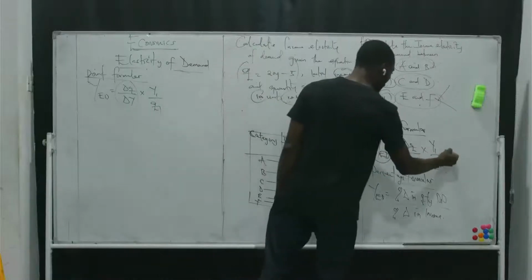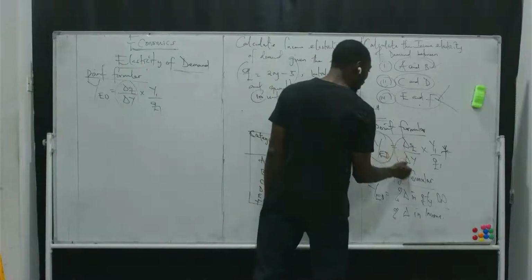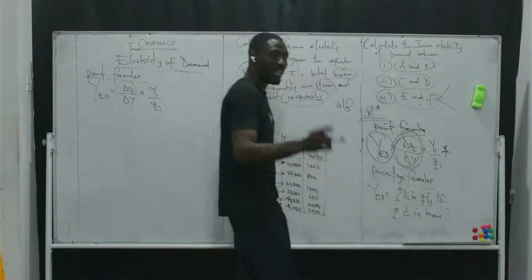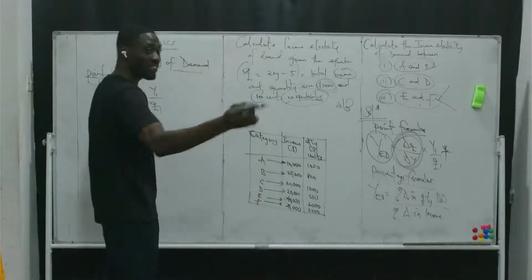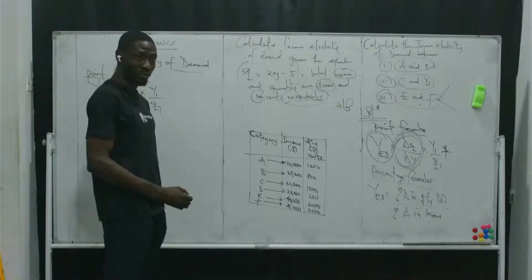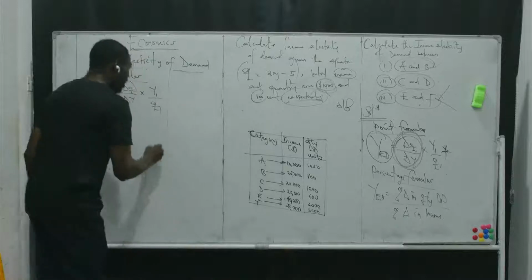But I can apply my point formula, because of the knowledge of this thing. This change in Q and change in Y is gotten from differentiation, or what we call differential calculus.